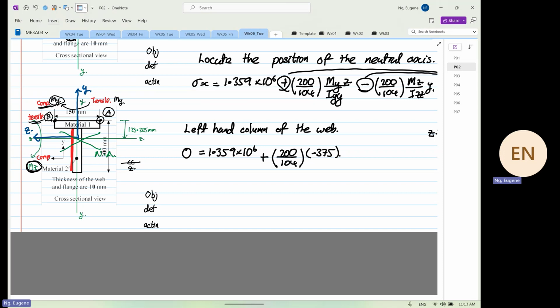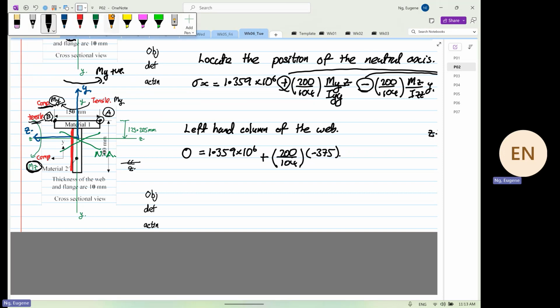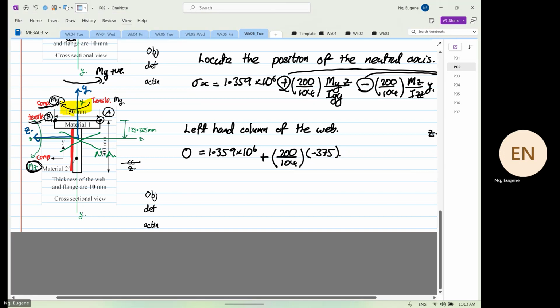For moment about y to be positive, it has to be in which direction? That direction. Our actual load is in the opposite direction. Are we clear? This is where, when you apply the formula, you have to be really, really careful.